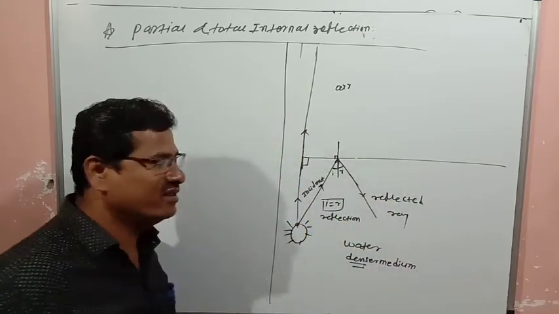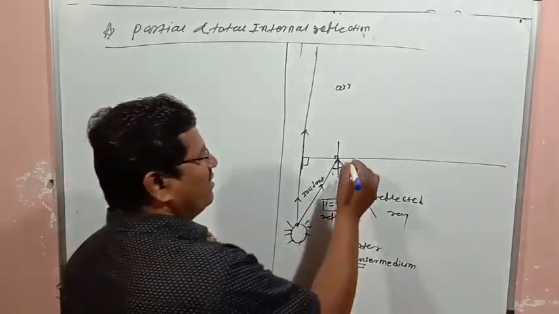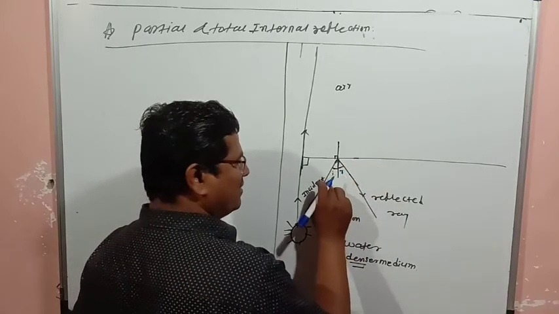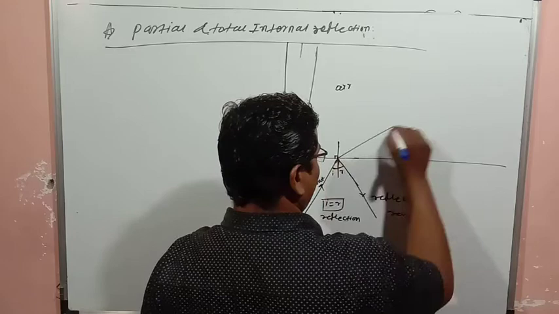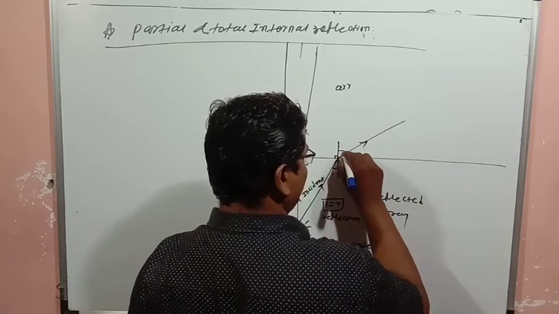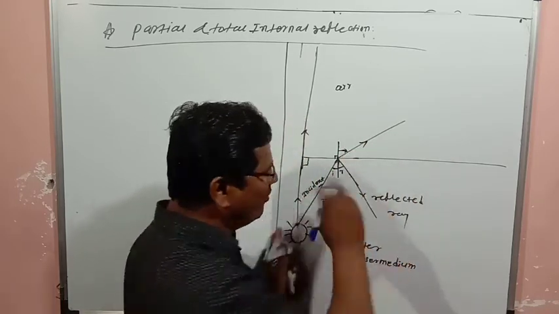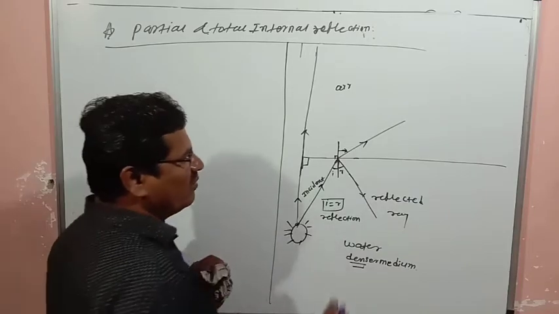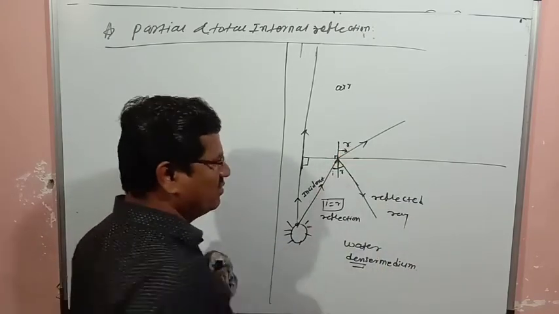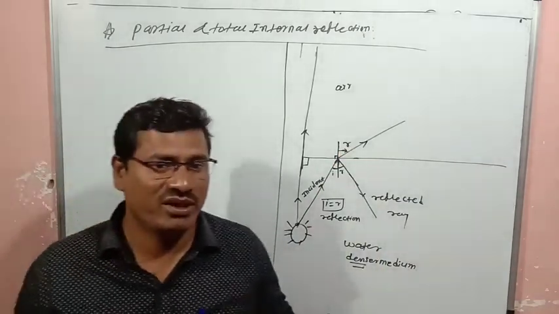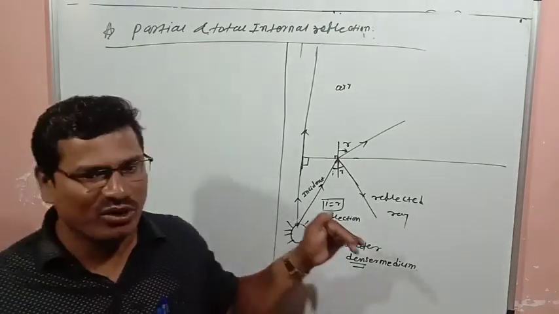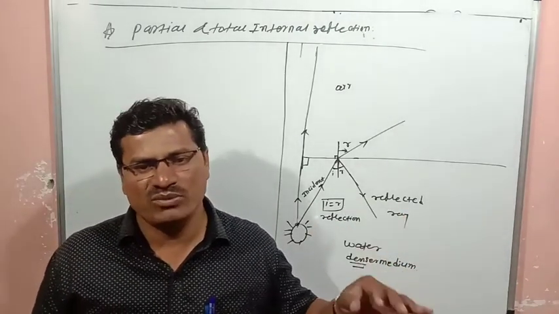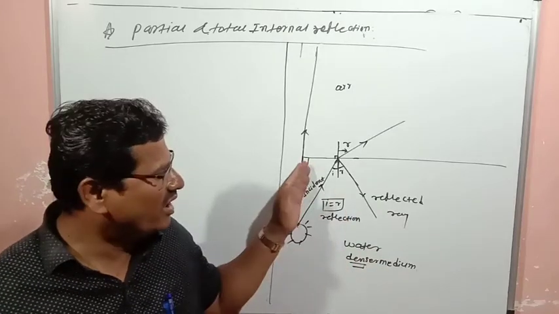But we have seen that rule that when light enters from a denser medium to the rarer medium, then it bends away from normal. So angle of refraction will be more.